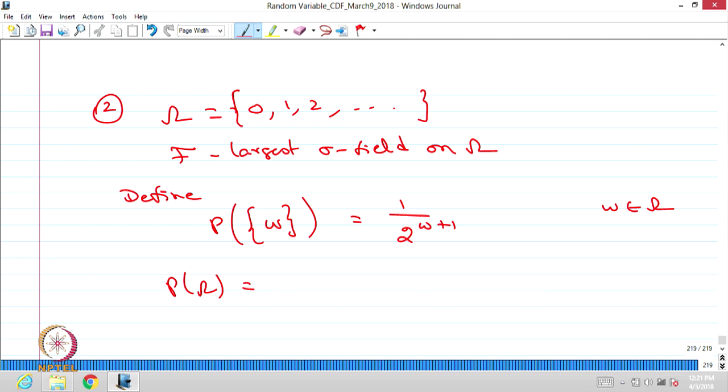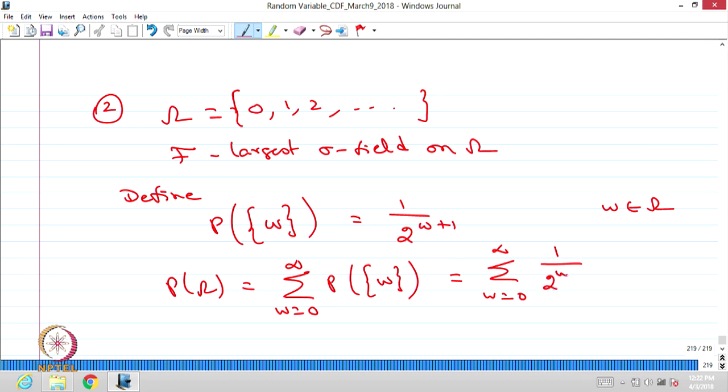P of omega is going to be the same as the summation of P of singleton elements of w's, where w is equal to 0 to infinity. That is the same as P of omega, because omega is nothing but the union of all the elements. That is the same as the summation for w equal to 0 to infinity of 1 divided by 2 power w plus 1.